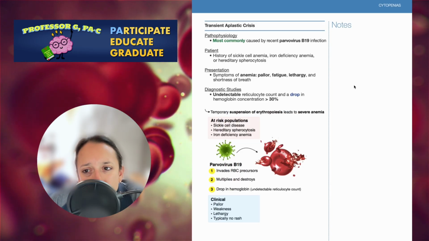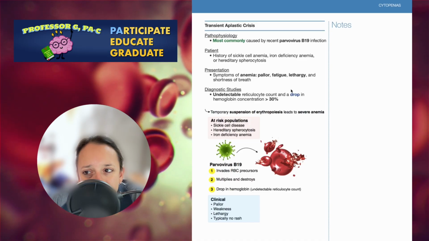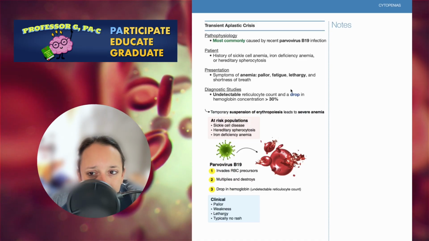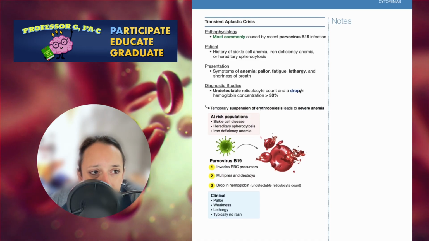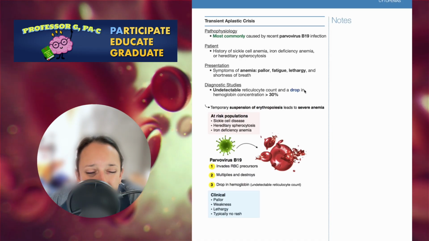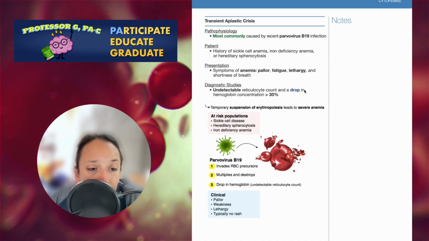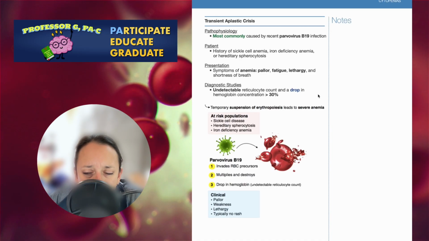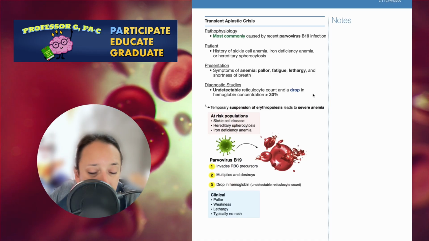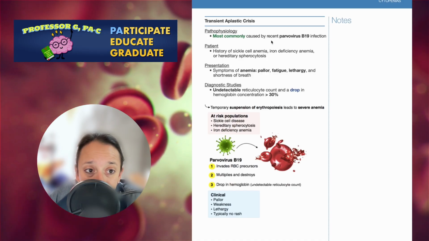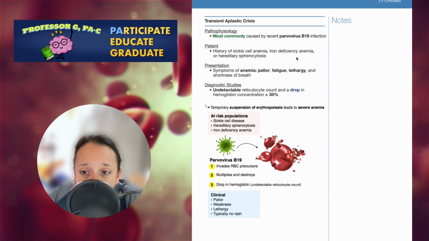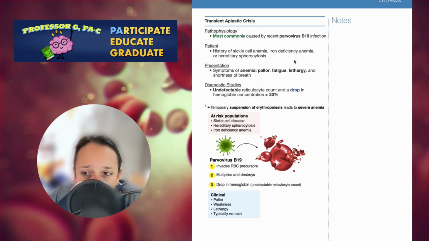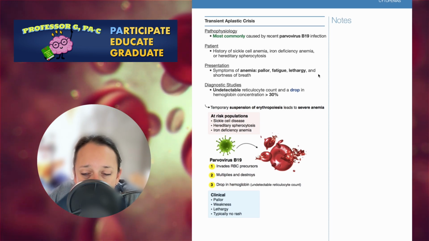And the bone marrow, which is normally compensating for this ongoing hemolysis, just shuts down and the patient develops severe anemia. And it's really abrupt in nature, almost overnight. The most common cause of this is actually going to be a parvovirus B19 infection because the virus targets and destroys the bone marrow.